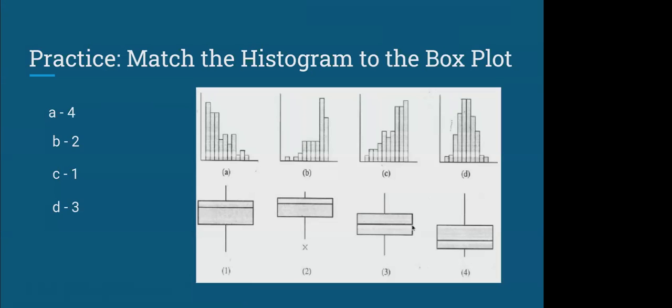So the distance between Q2 and Q1 is the same as the distance between Q2 and Q3. Yep. So that was your task, ladies and gentlemen, in the second cool down: to critically look at what the histogram is telling you and match it to a box plot that is telling you the same thing.